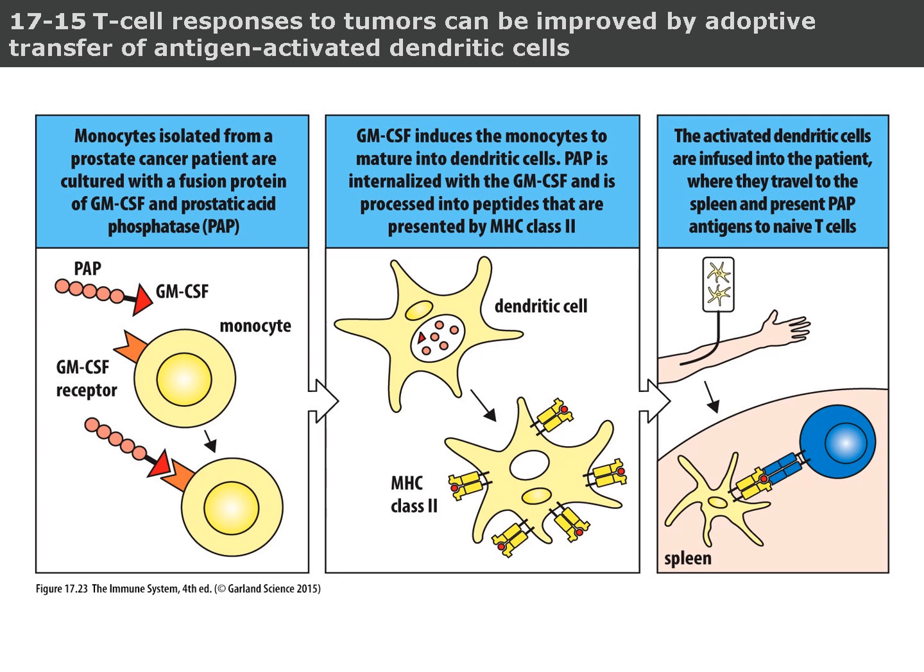This fusion protein drives the differentiation of monocytes into dendritic cells, which process and present prostatic acid phosphatase-derived peptides on MHC class II molecules. The activated dendritic cells are then infused back into the patient, where they migrate to lymphoid tissues, such as the spleen, and stimulate naive T cells, boosting the patient's anti-tumor immune response.